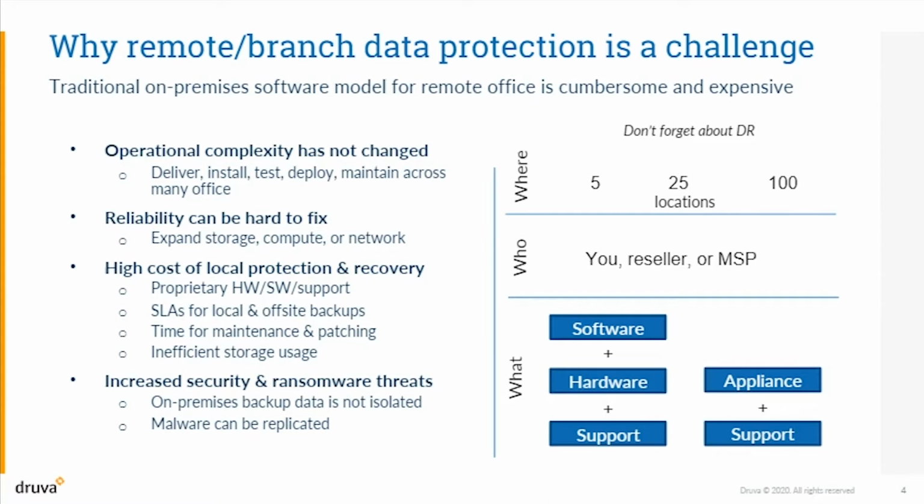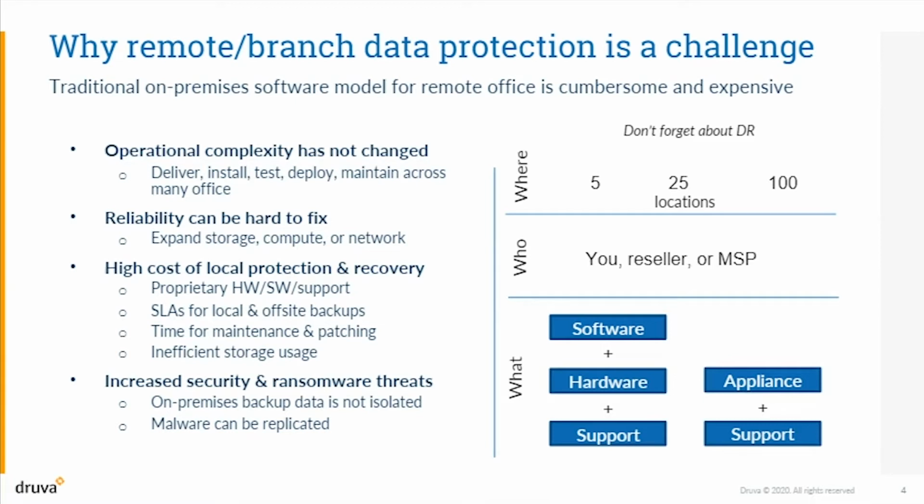The other challenge that remains the same is that the reliability of the backup and recovery process can be hard to fix. And this becomes more pervasive because if someone's remote and there's some hardware on site that's causing issues, ultimately someone may need to be there.